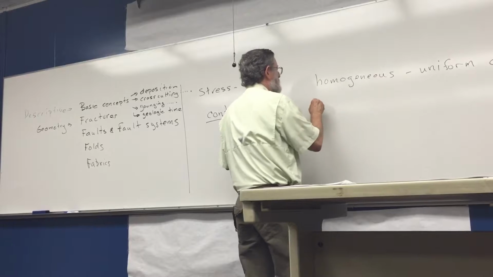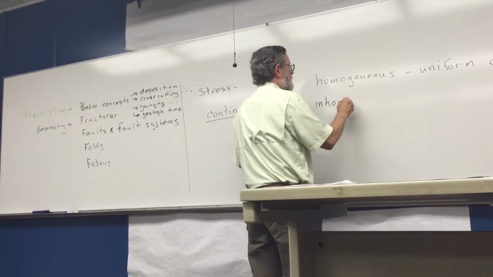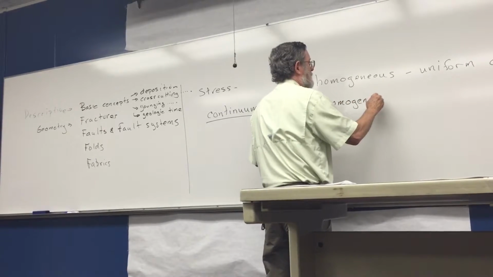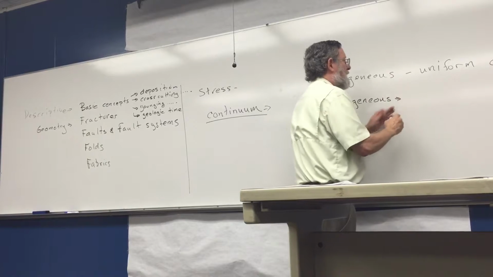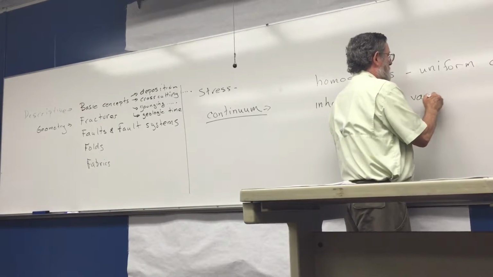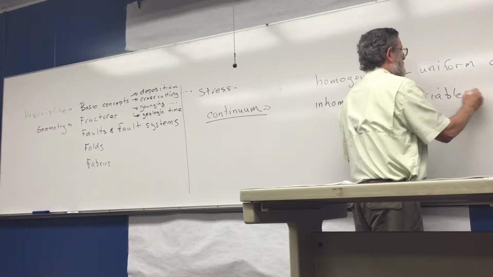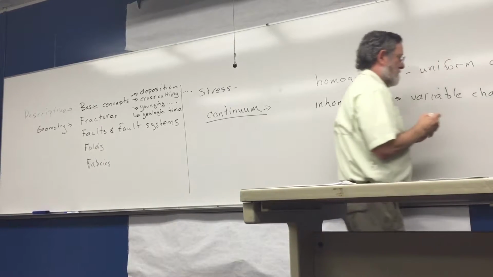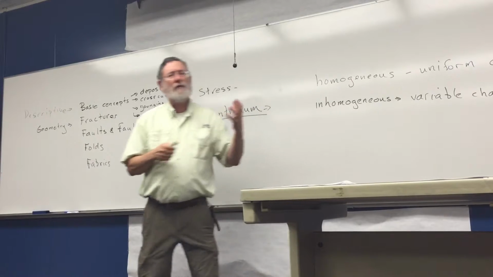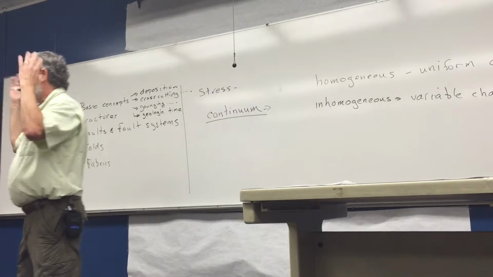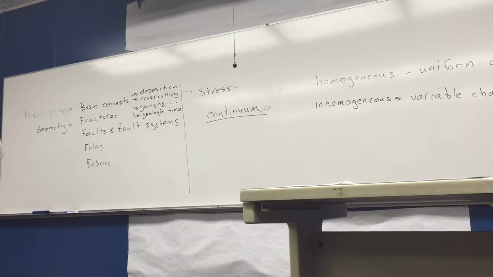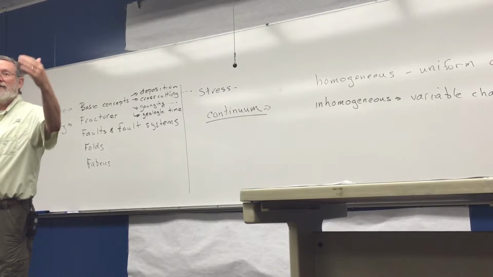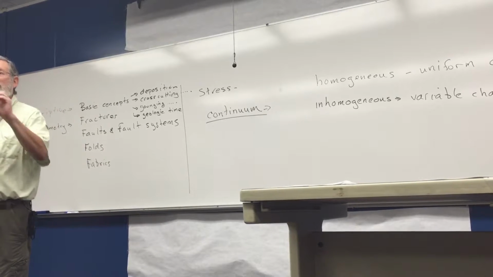If it is inhomogeneous, then we have a variable character. And so if we look at the temperature field, let's say we try to treat Keplinger as a nice uniform material body.